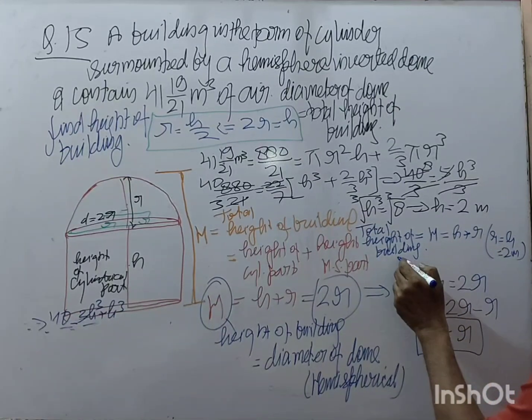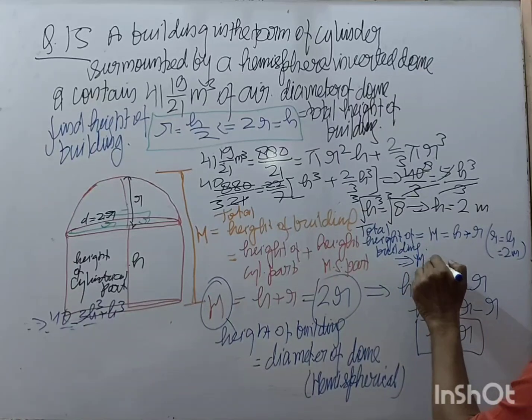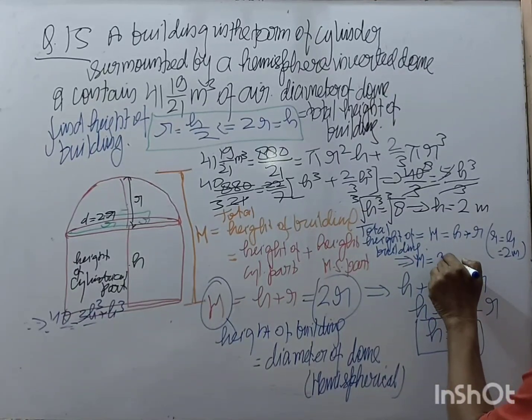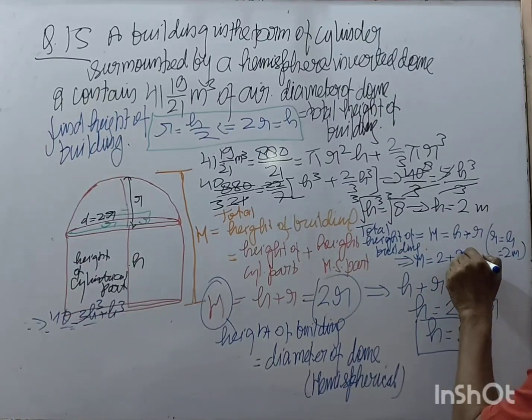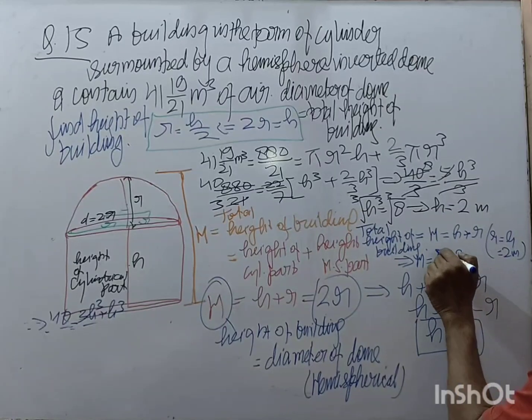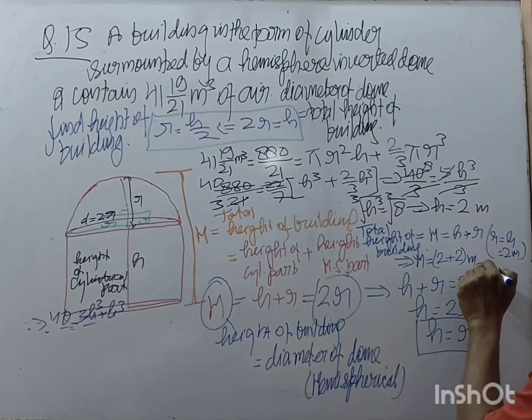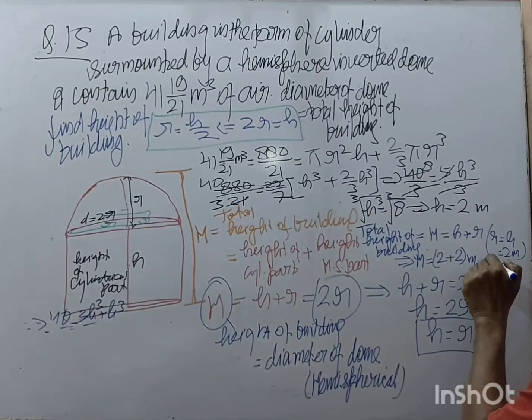So we can write H is equal to 2 plus 2 meter, which becomes 4 meter.